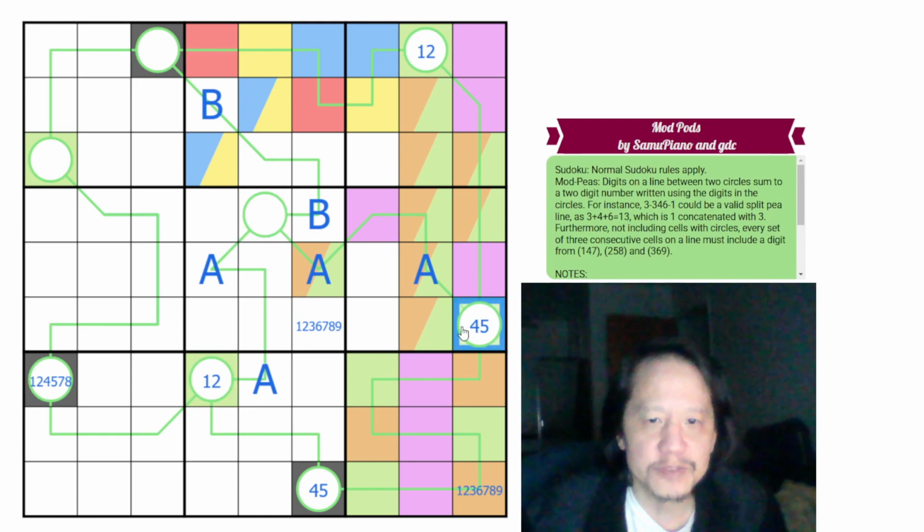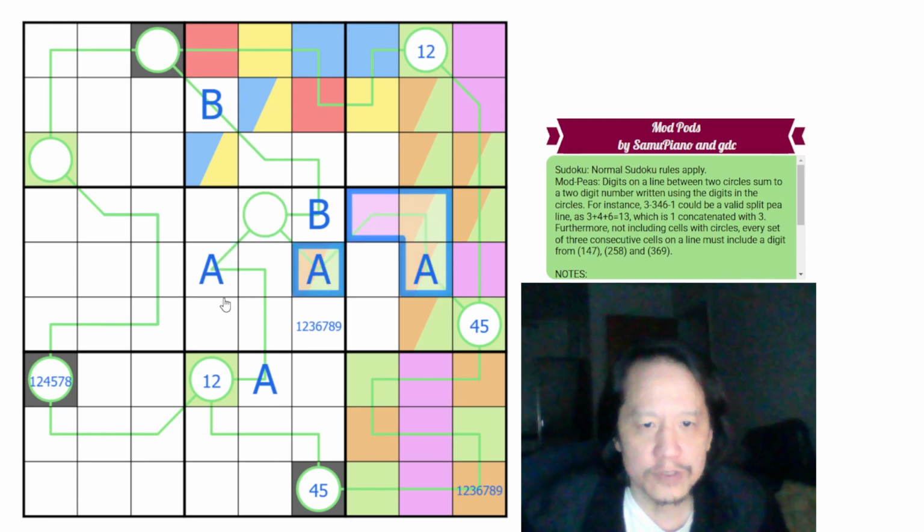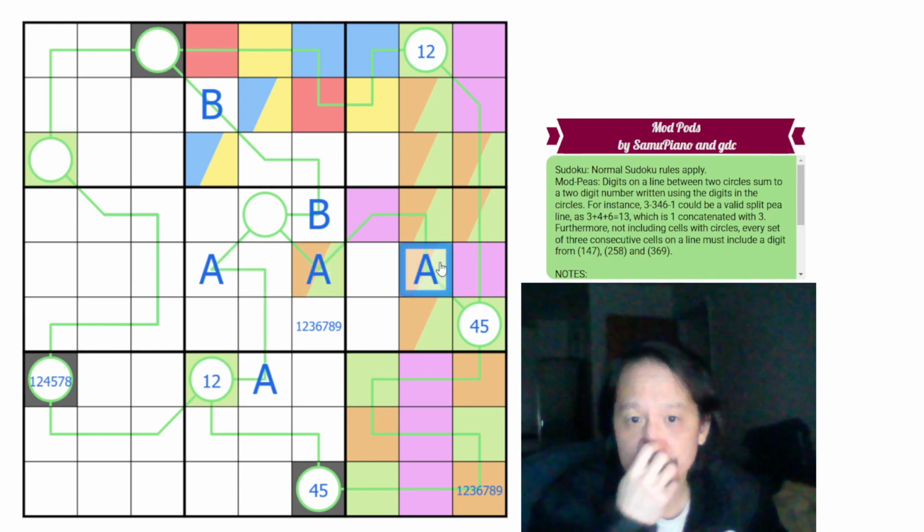Because this is the same set and this is the same set. So if it adds up to 0 mod 3 and this is dark gray, then that would work, right? So these would add up to 0 mod 3 and this would add up to 0 mod 3. Therefore, these would all be 0 mod 3, but they wouldn't be green.